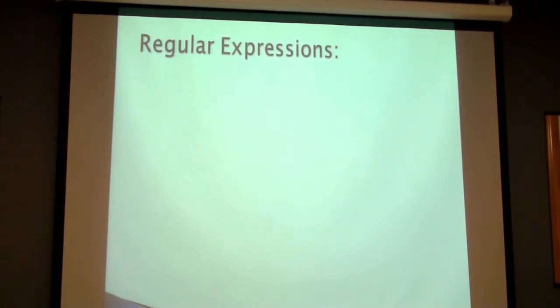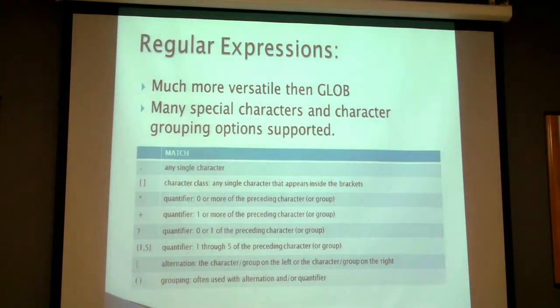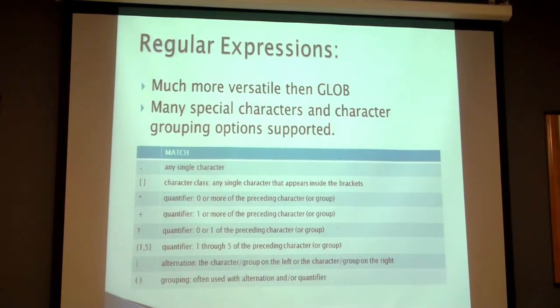All right, let's do regular expressions. My favorite. It's much more versatile than glob. It has many special characters to remember. Here's a little table for you of the most common ones. There's a whole bunch of other stuff like backslash W for white space or for words and blah, blah, blah. Don't worry about that. We're just using the most basic today.